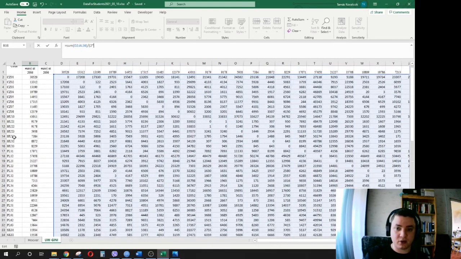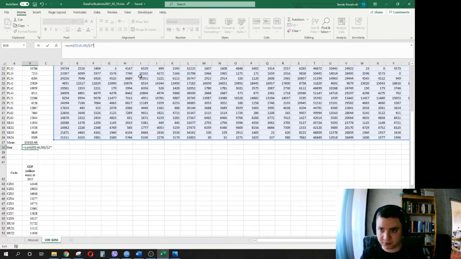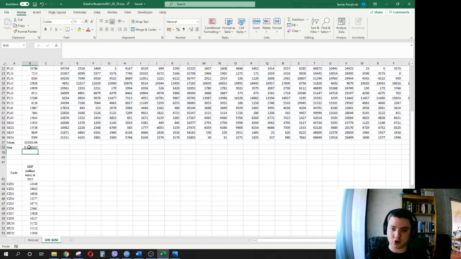We have 35 units, so we have to multiply by 35 twice and multiply by the mean. Okay, that's the Gini index for the absolute values for the GDP in 2006.